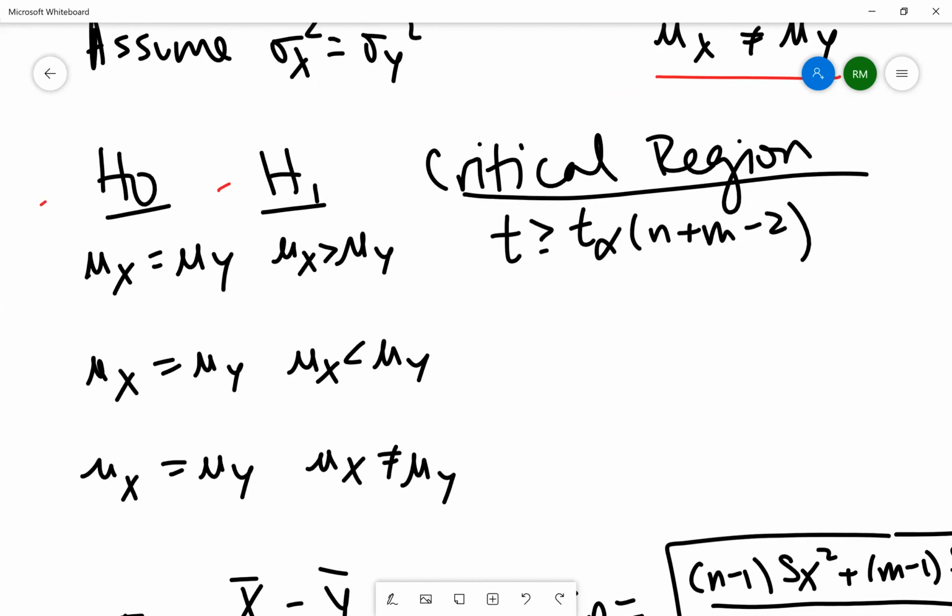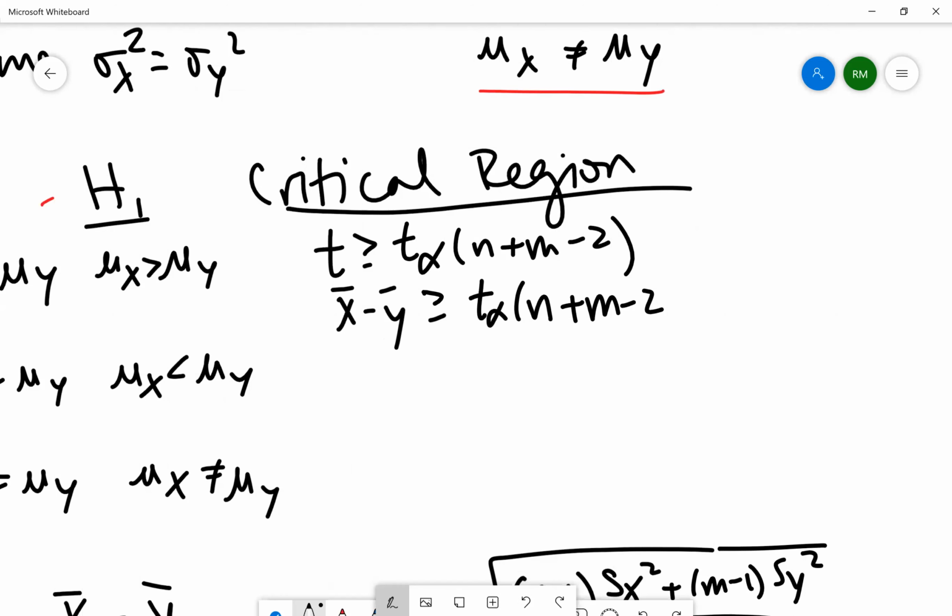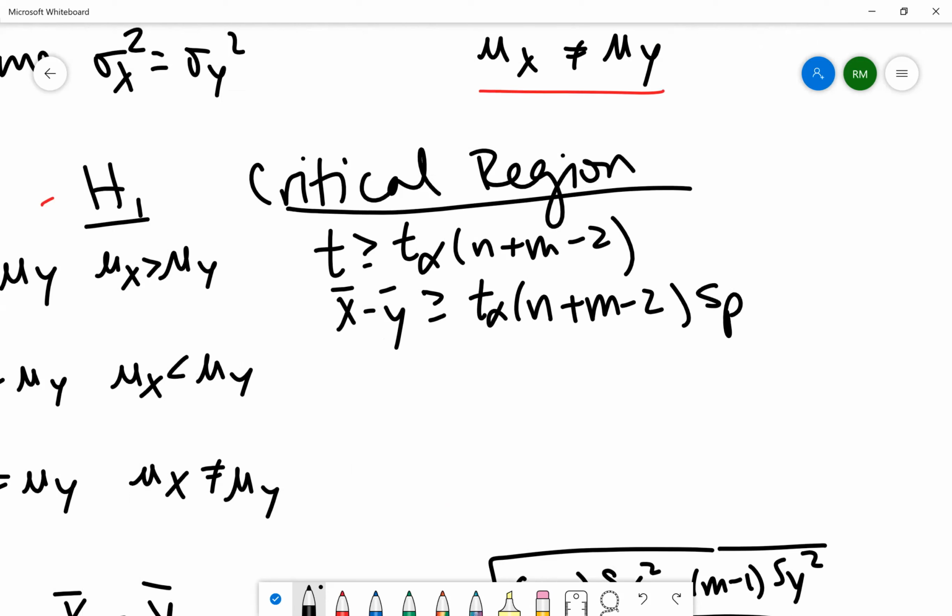Now, if you want to know what that looks like in terms of actual test values, it is x bar minus y bar should be bigger than or equal to t_alpha of n plus m minus 2, times S_P, times the square root of 1 over n plus 1 over m.